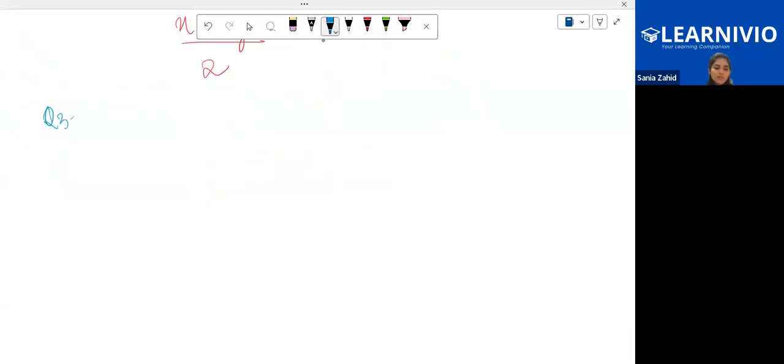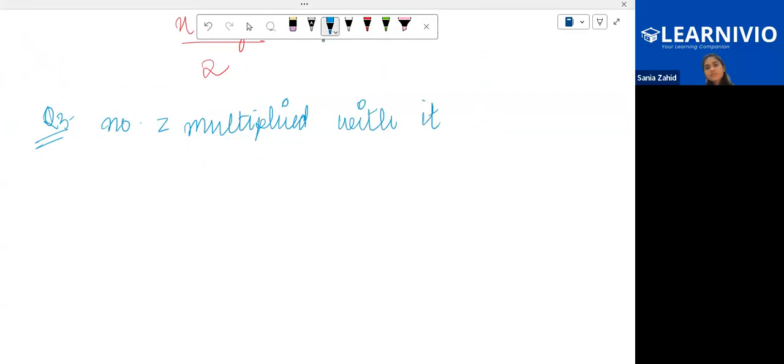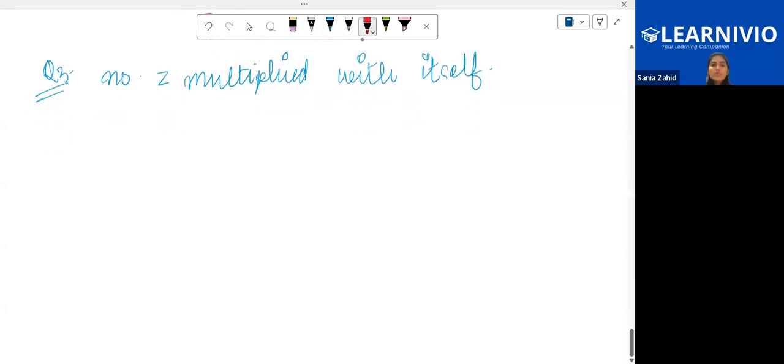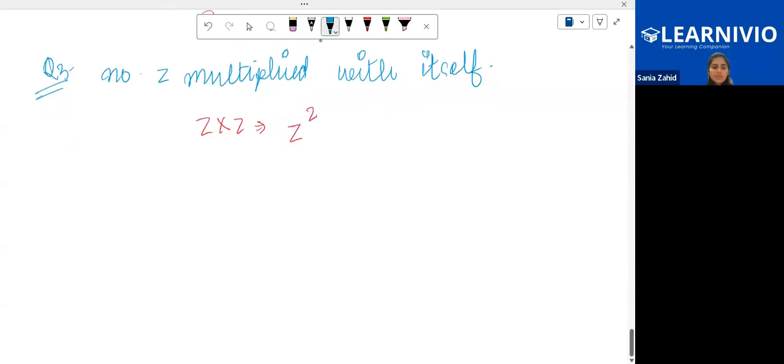Now next is number z multiplied by itself. So what will be the answer? z multiplied by z, so z square. Yes.